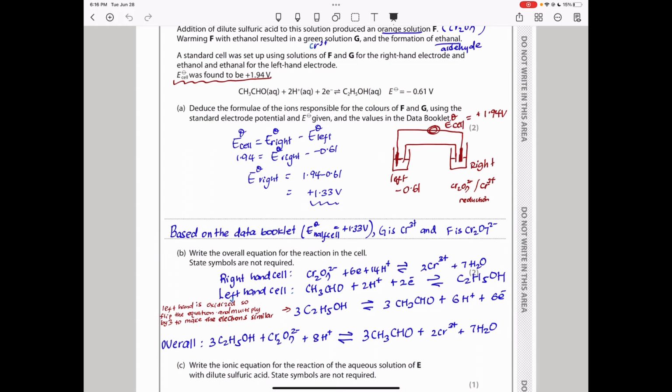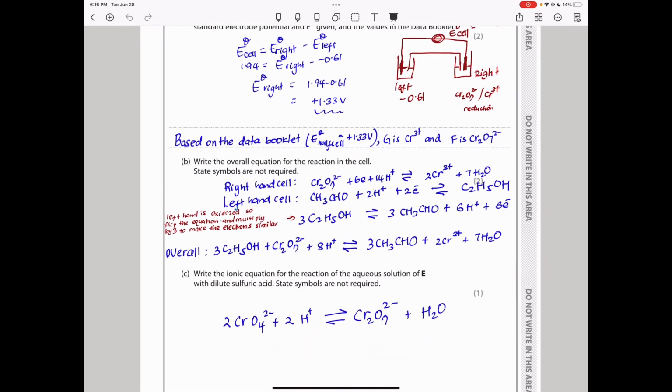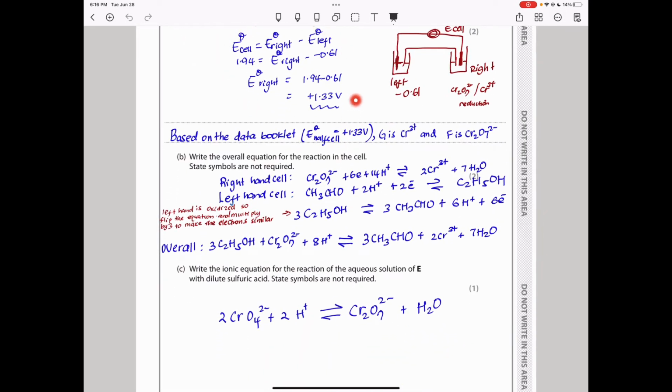So also, when you look at the data booklet, the E theta for that specific half cell, the dichromate chromium(III), is going to be that. That confirms that G is chromium(III) and F is dichromate(VI). So basically, you first calculate this and then refer to your data booklet, and if that value corresponds to the half cell of dichromate chromium(III), then you can confirm.